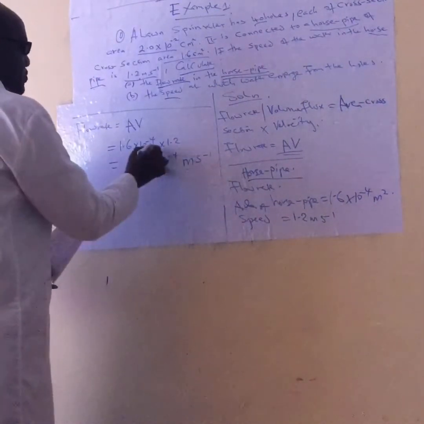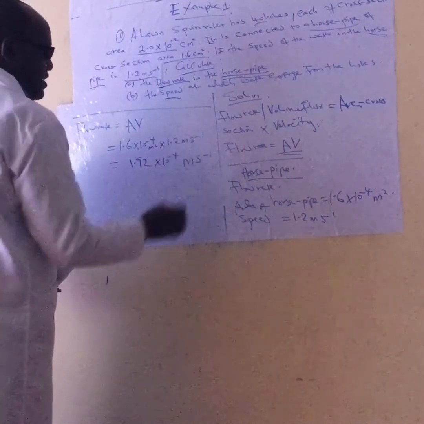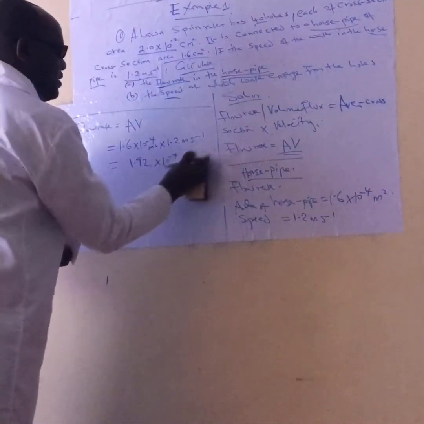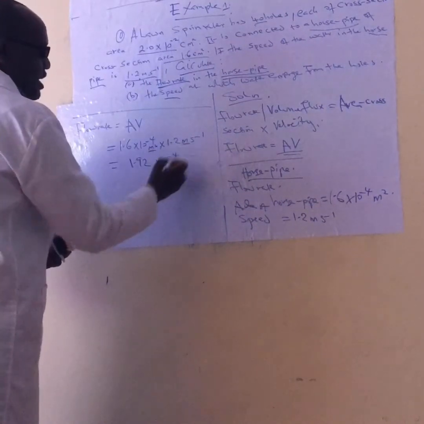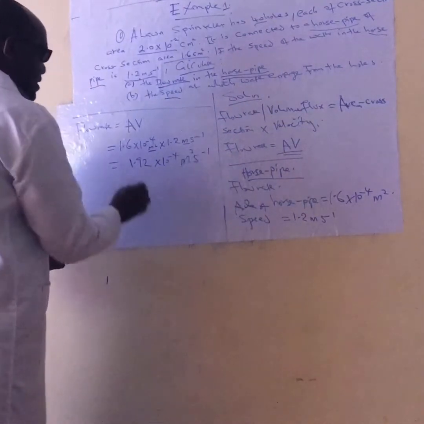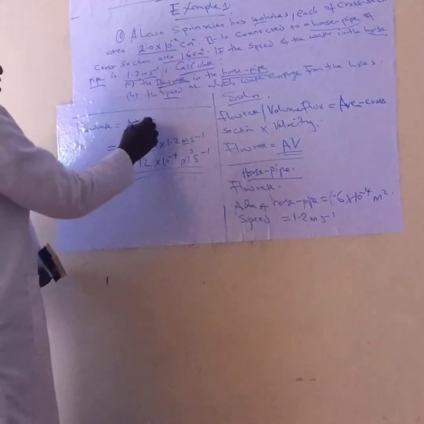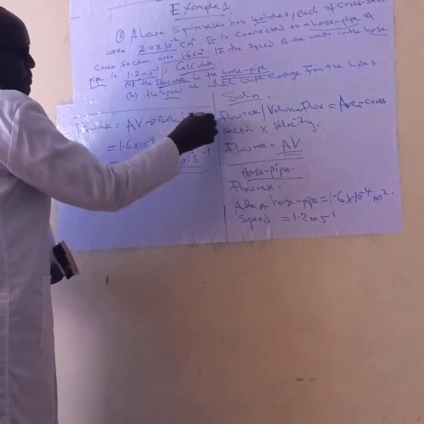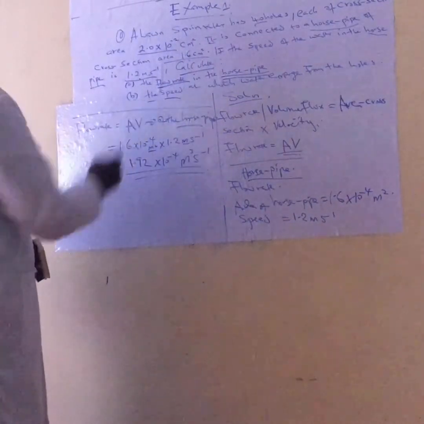So this was meters square. This one is meters per second. So it's going to be the product of this m squared and then that one. So we're going to get m cubed per second. So the flow rate of the hose pipe is this.